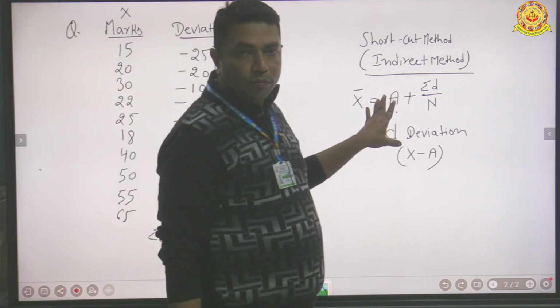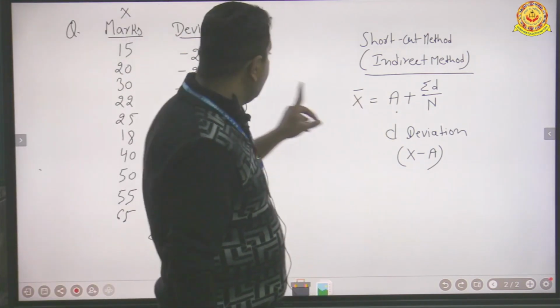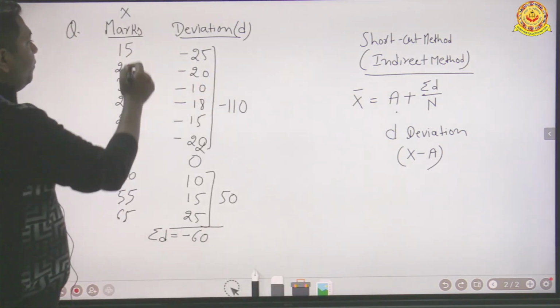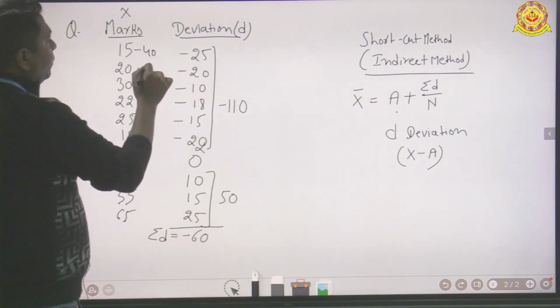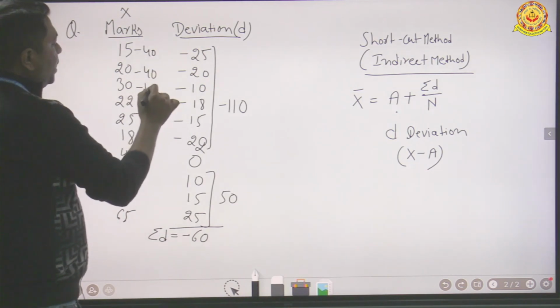What is the assumed value? We have taken that as 40. Okay, 40 I have deducted from each of the x values.